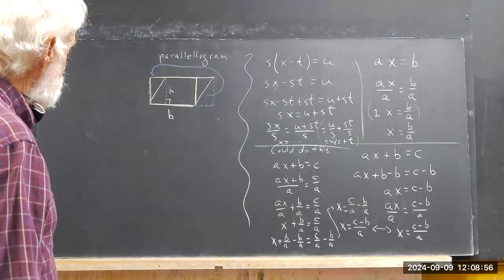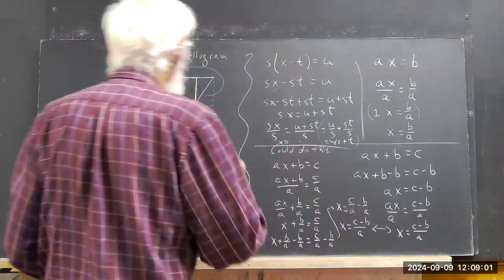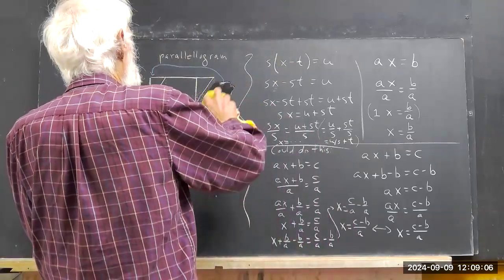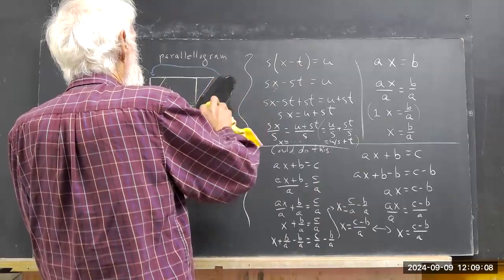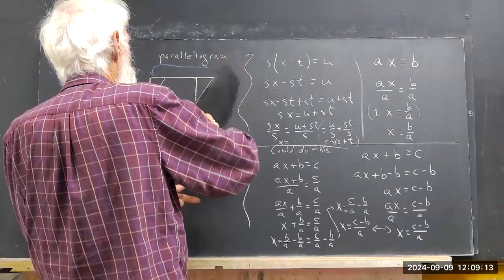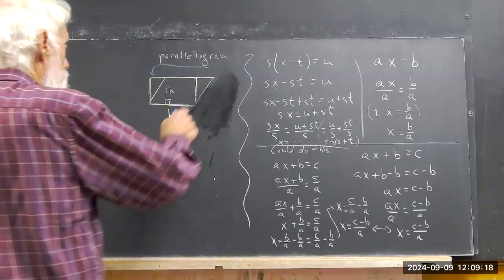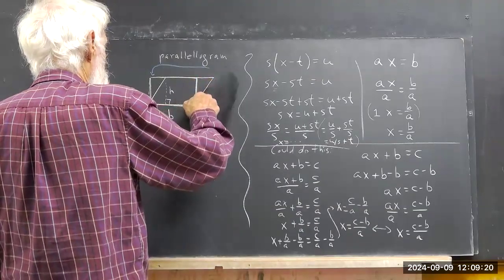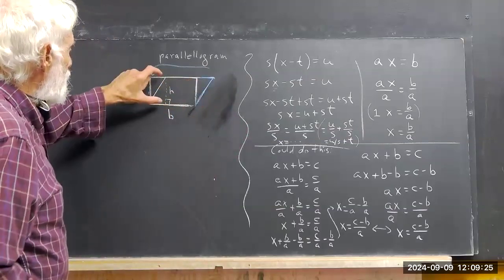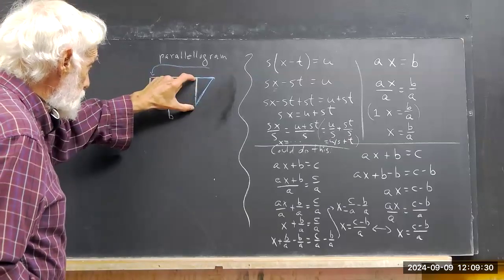The way I did that probably is not the best way to do it, so I'm going to make it a little simpler. Let's think it clearly. I can take this triangle here, which has the same height, because these sides are parallel, so this is the same as this.